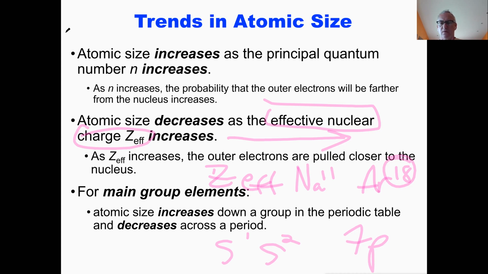I mean, I just googled it, and it shows that neon is bigger than fluorine, and argon is bigger than chlorine. Atom or ion? Atoms. Okay, well, we'll look at that.